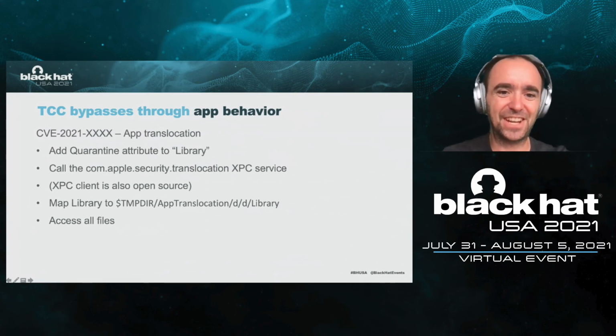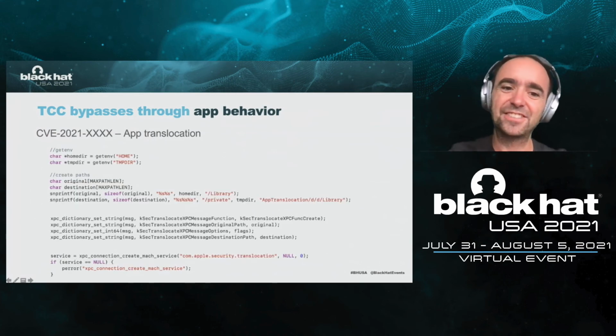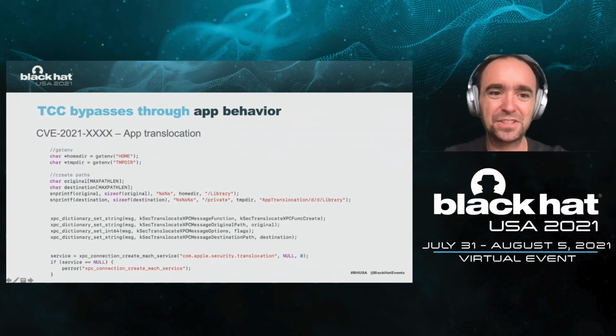And it will happily do that and map it to the tempdir AppTranslocation/d/d/Library. And through that mount, since that path is not under TCC protection, we can access, again, every private file, again read-only, but it's a bypass. Here we can see a snippet of the exploit.